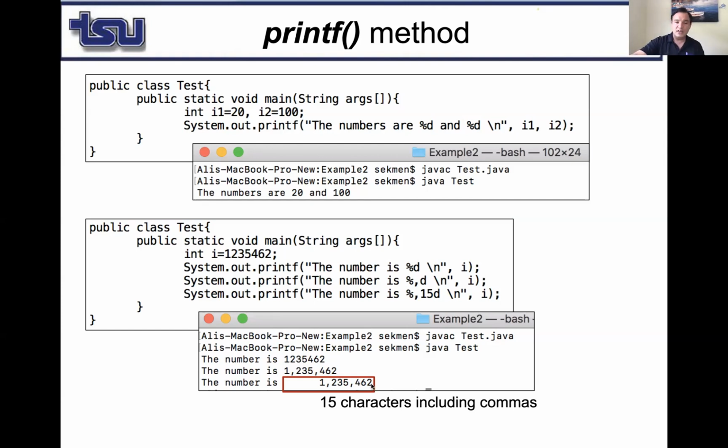For example, here, characters 1, 2, 3, 4, 5, 6, 7, 8, 9, and then there are 6 empty spaces here. So the total is 15 characters. Very simple. Percentage sign D as it is, percentage sign comma, put a comma for every 1,000. And if you have a number before D, that's the number of characters that your integer will occupy when you put it on the terminal.